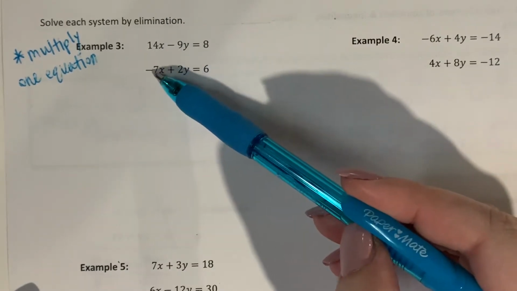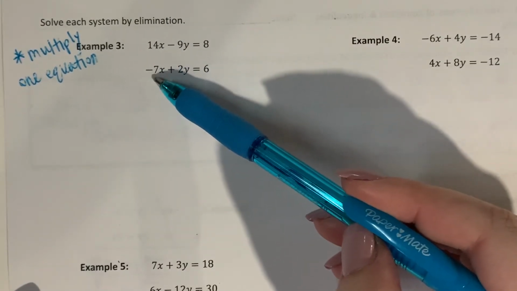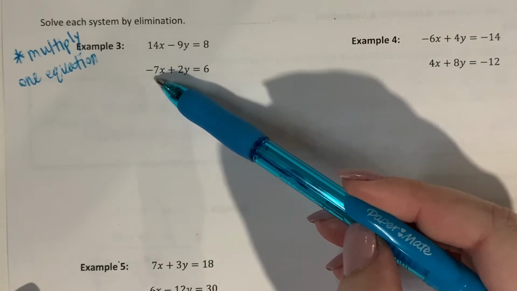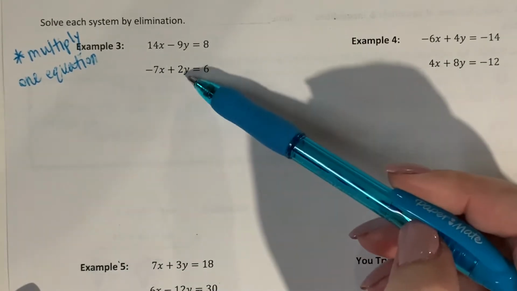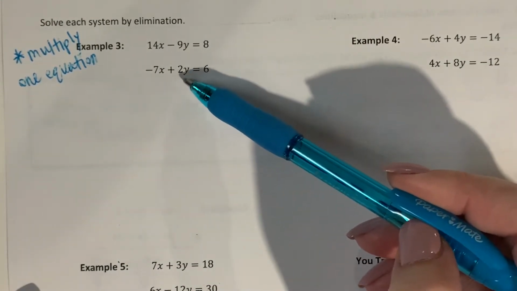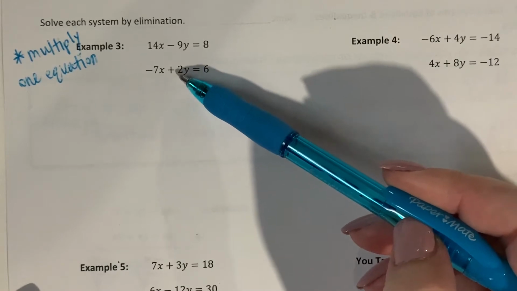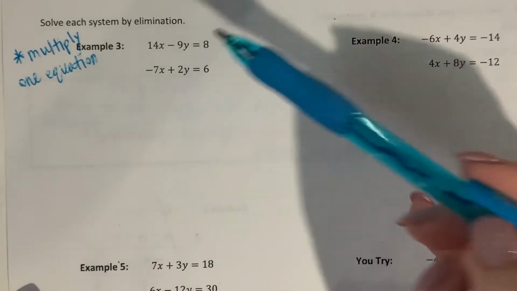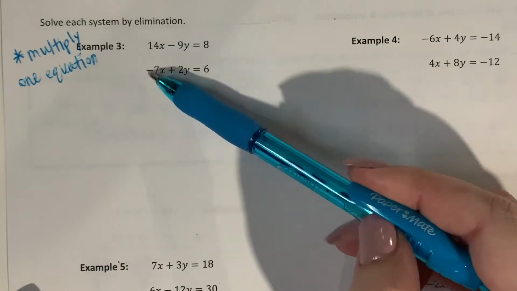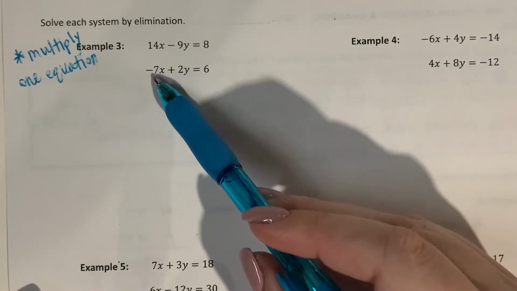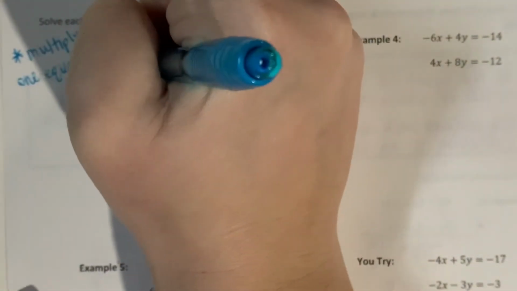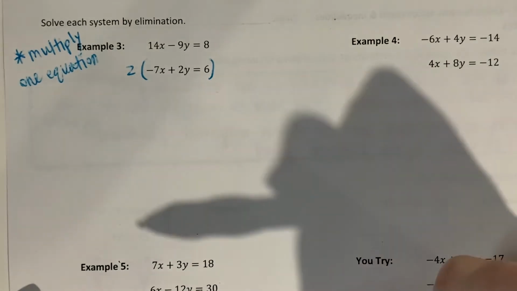For example, I can easily do -7 times 2, and I would get -14, and then 14 and -14 would cancel. Whereas if I look at my y's, it won't actually work with my y's in this problem because I can't do 2 times a number to get 9. So you're looking for a way to either cancel your x's or cancel your y's. And I mentioned that if I multiply this bottom equation by 2, then my x's will cancel.